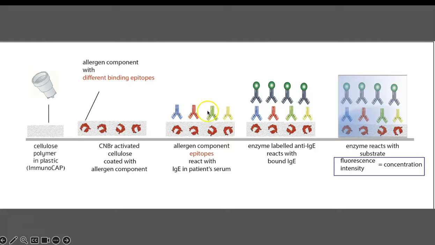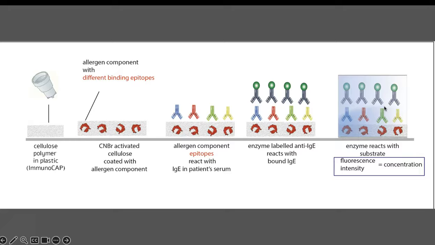These are the IgE that are present in patient serum. When you put the serum, they will react with these epitopes, and then we put enzyme-labeled anti-IgE that reacts with these bound IgE forms. Because they are enzyme labeled, they will react with the substrate and produce some kind of fluorescence, depending on which immunoassay we are using, whether radioimmunoassay, enzyme immunoassay or fluorescent immunoassay.